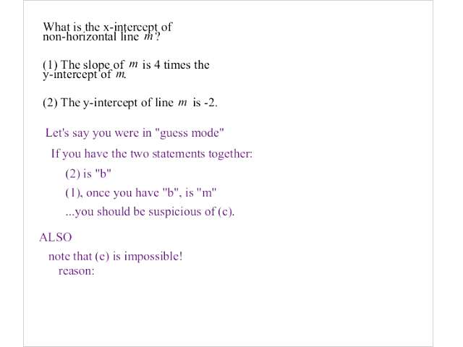What E means is that the two statements together are still not sufficient. Let's write that on the board just to make sure you're staring at it. Remember, E would mean that it's still maybe, even with both statements.